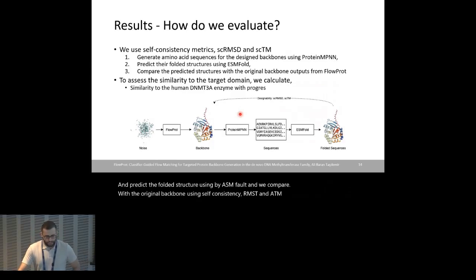To evaluate the functionality of our designs, we use ProGreSS similarity score against human DNMT3A. ProGreSS is a tool that can calculate similarity between proteins by using learned latent representations of protein structures.